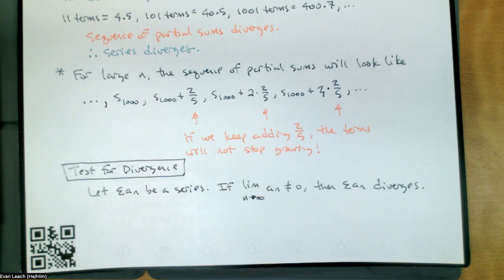Note the if-then placement. If a series converges, then the terms go to 0. We do not get the other direction. If the limit of the terms is 0, the series could still diverge. That's the most important thing to realize.